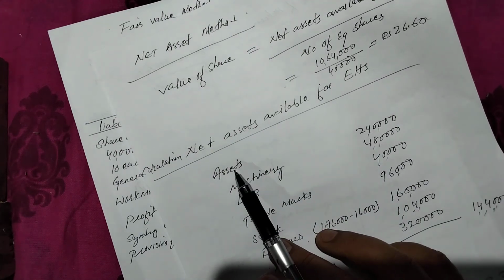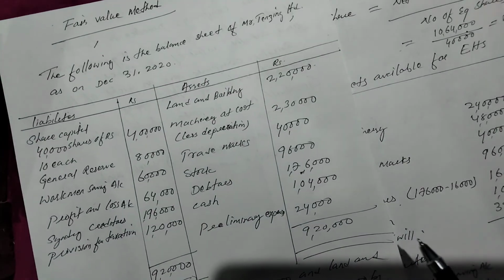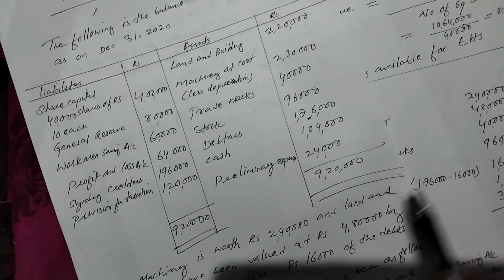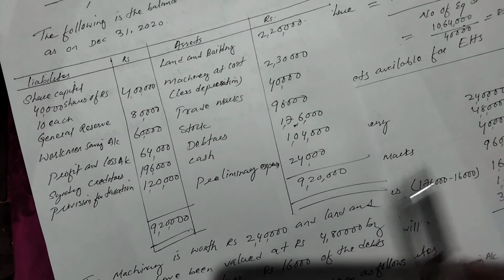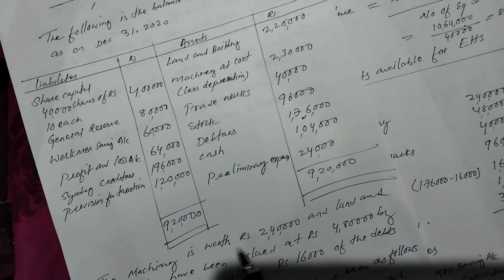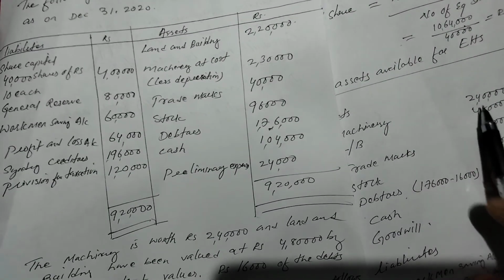First you have to write all the assets at market value. The first one is land and building. The adjustment is given as 4,80,000, so we write 4,80,000. Then machinery, the market value is 2,40,000, so I am writing 2,40,000.